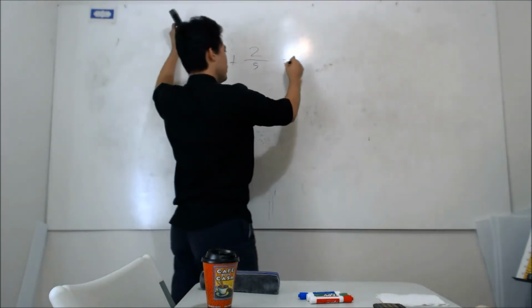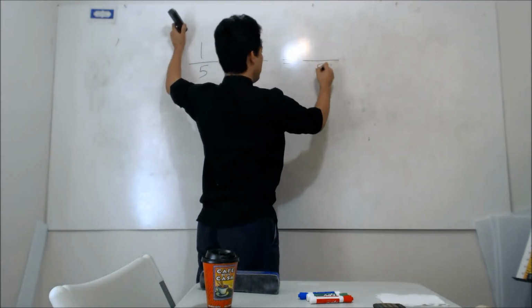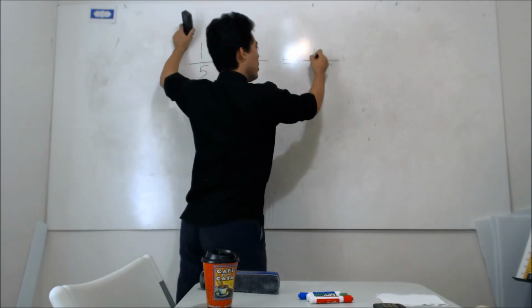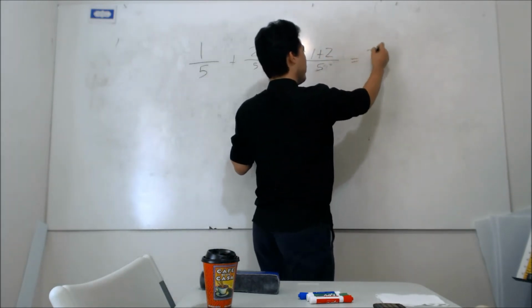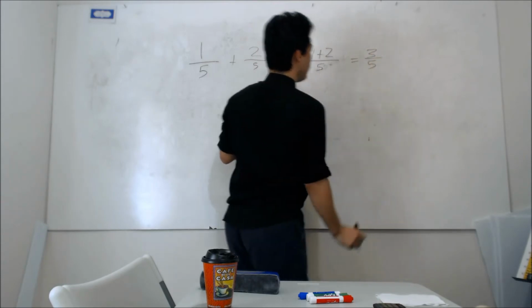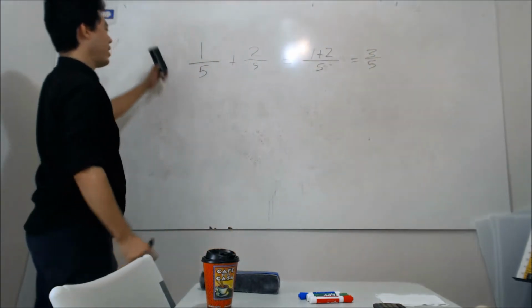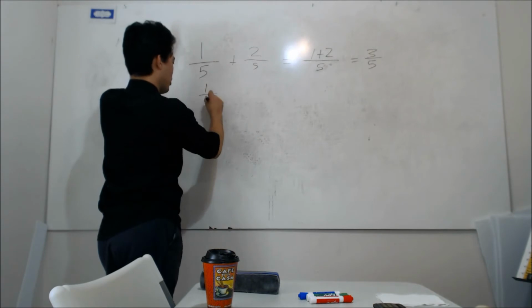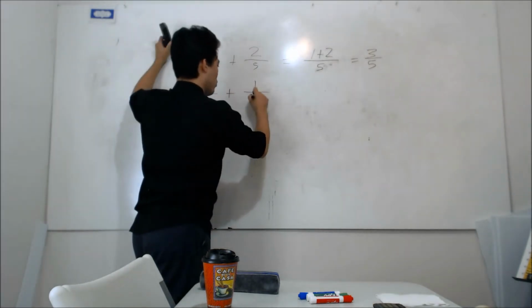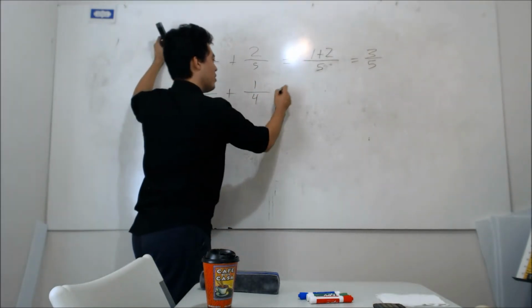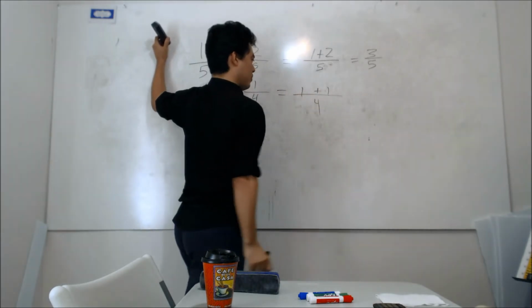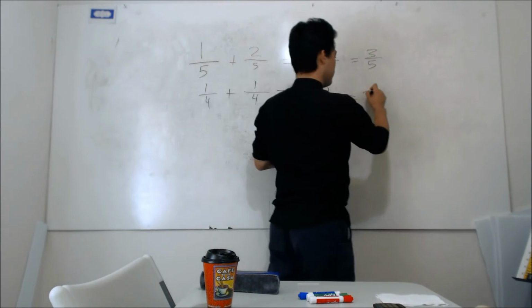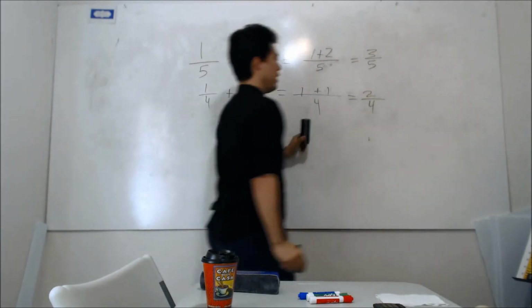We can put them over the same denominator, which is 5. And we can say 1 plus 2 over 5, which is equal to 3/5. Okay. Let me do another example for you. Let's say we're going to add 1/4 plus 1/4. Well, we have the same denominator, so we just say 1 plus 1 over 4. And this is the same as 2/4.